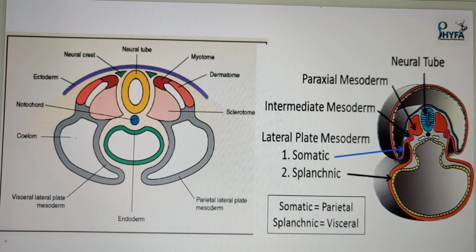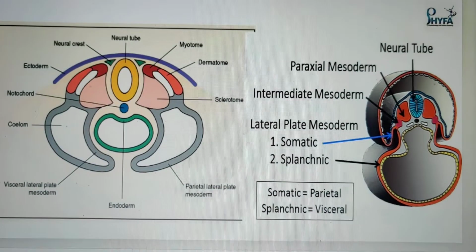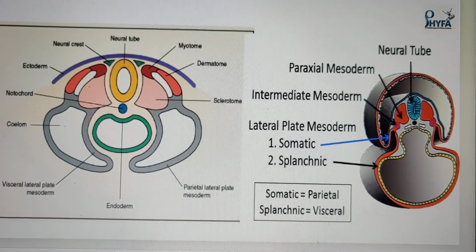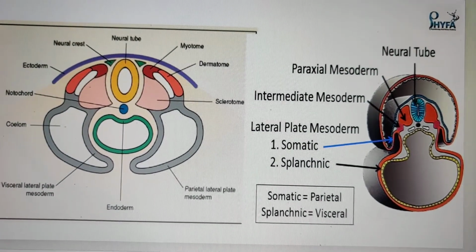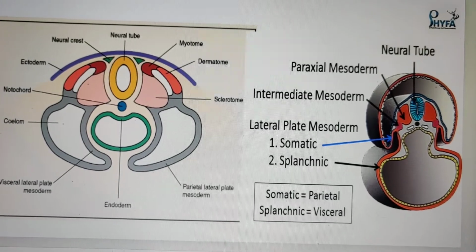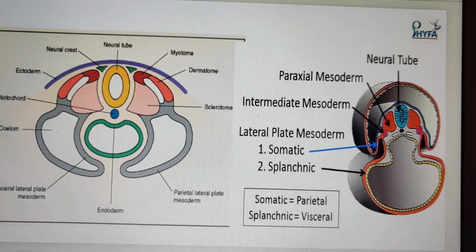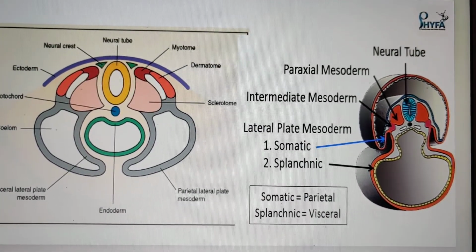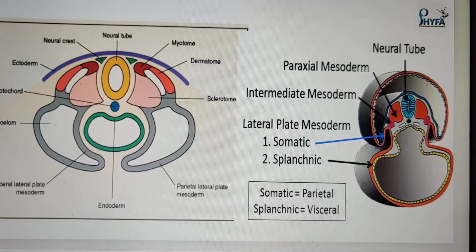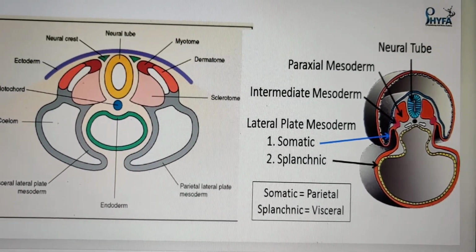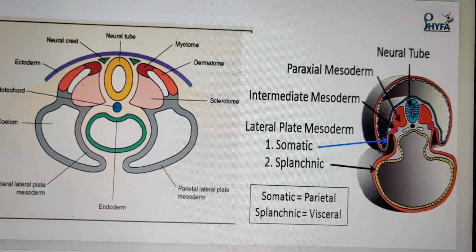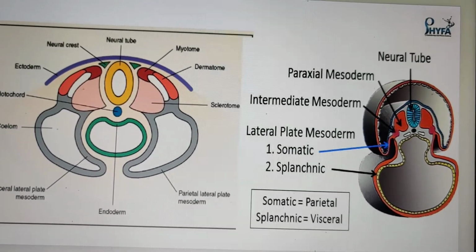The ectoderm-side layer is also called the somatic layer, and the endoderm-side layer is also called the splanchnic or visceral layer. As we know, the endoderm makes the lining, it turns into a cavity where all the visceral organs are placed, so naturally it will be called the visceral layer. So this becomes easier to remember.